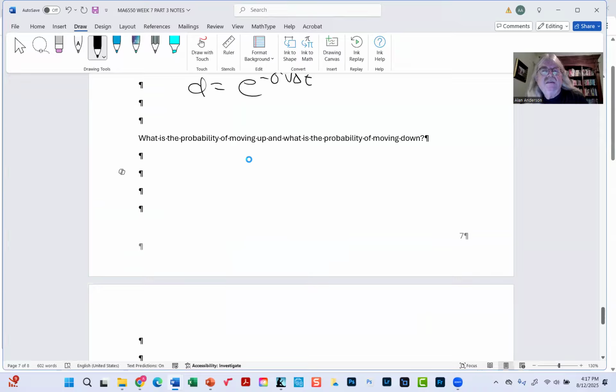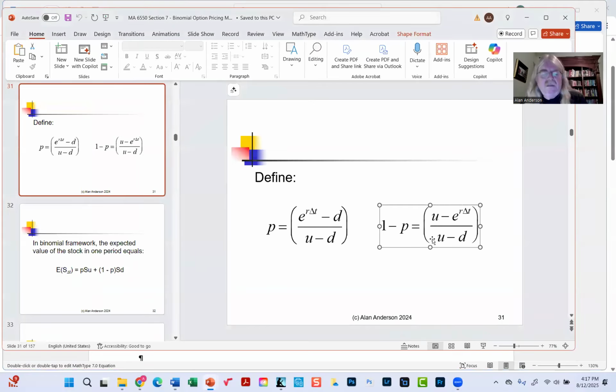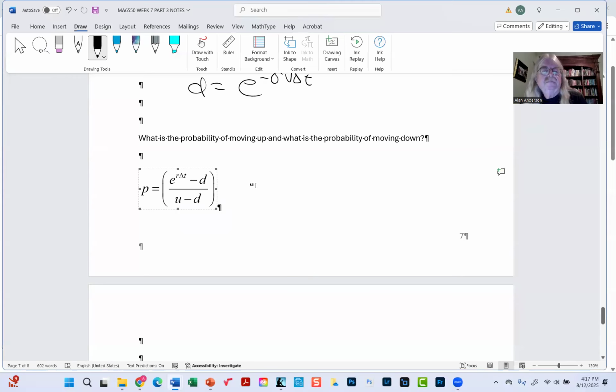Here we go. Now, of course, there's only two possibilities, up and down.